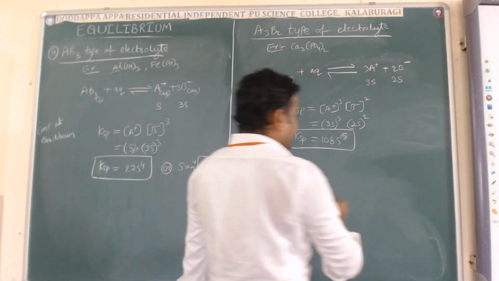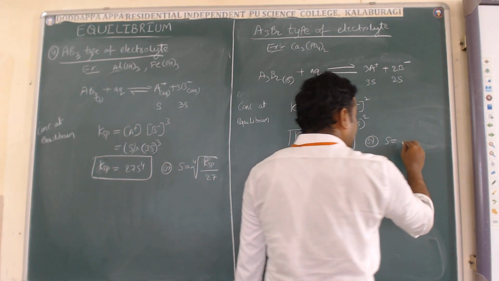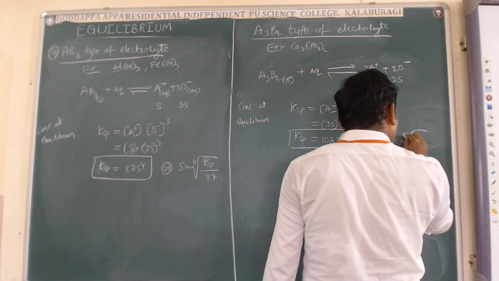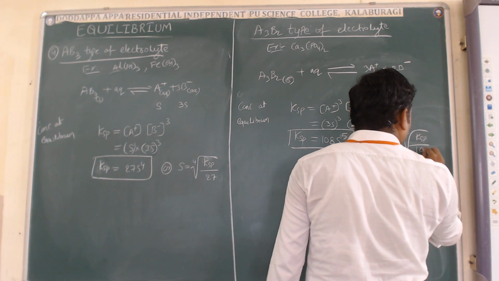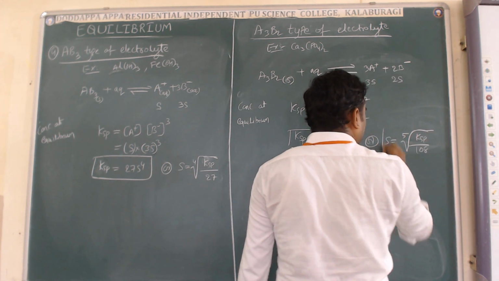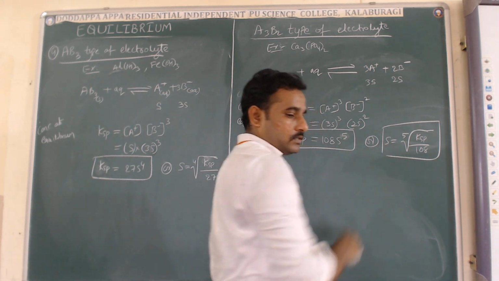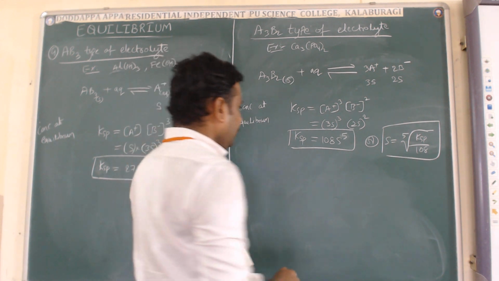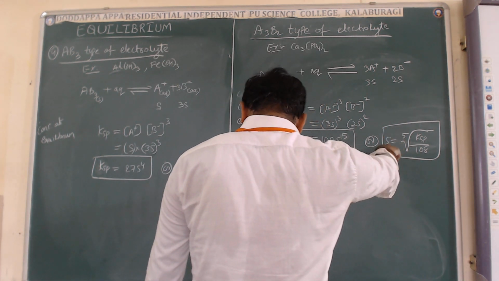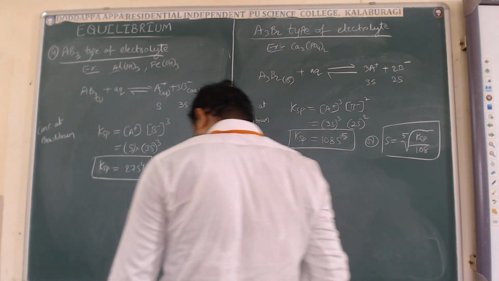So the solubility S is equal to the fifth root of Ksp divided by 108. S is the solubility and Ksp is the solubility product.